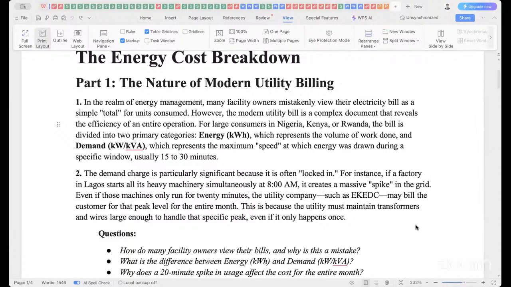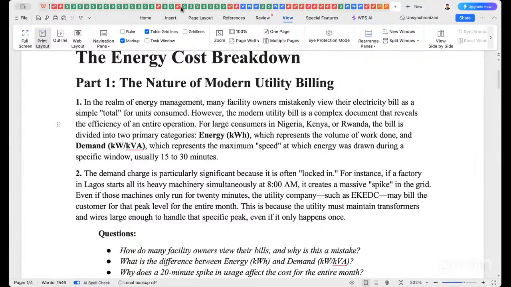Are there hands up? Yes, Patrick, let's hear from you. All right, thank you. I think we need to understand why we charge for demand cost. It is used to maintain the electricity infrastructure, for instance your wires and cables.